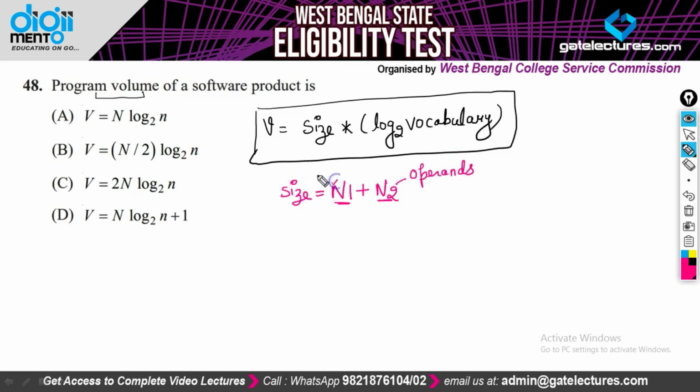Then we have vocabulary, it is calculated as n1 plus n2, where n1 represents the number of unique operators, unique, not duplicate, number of unique operators, and n2 as number of unique operands.